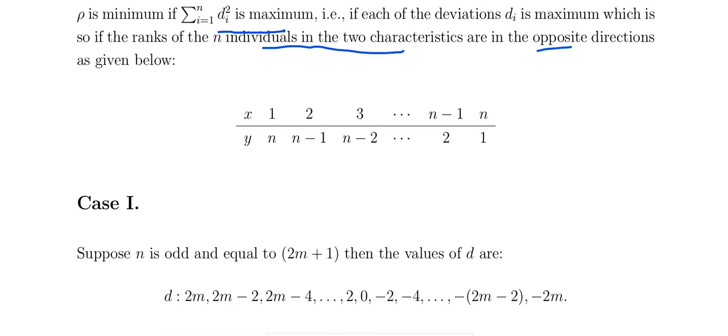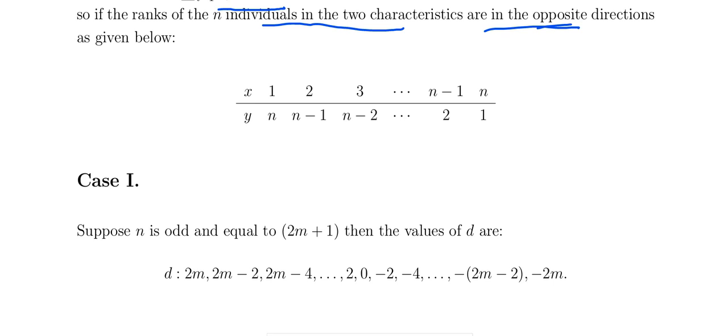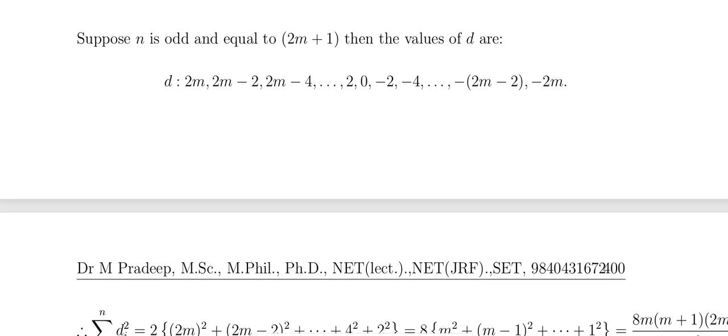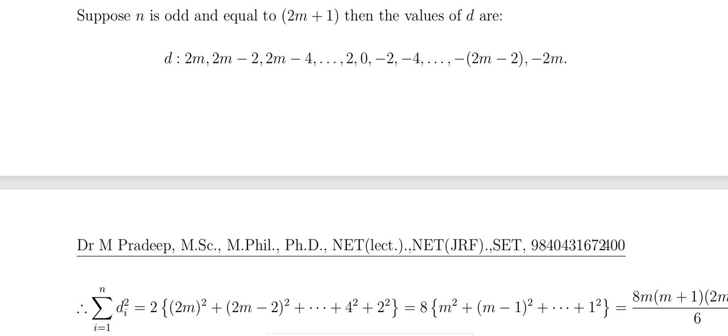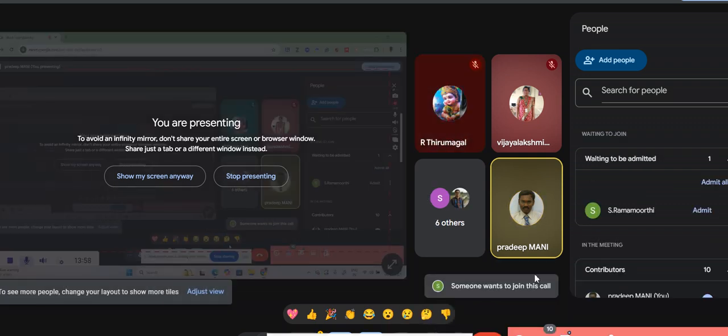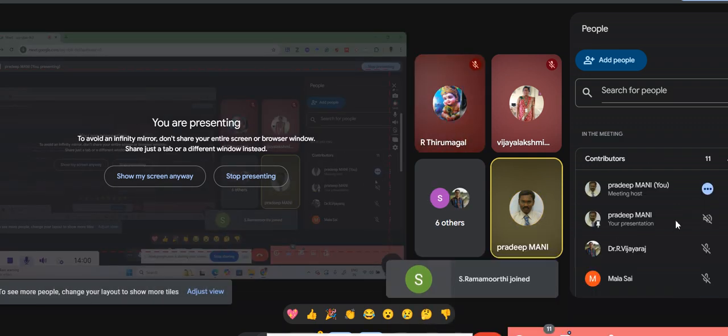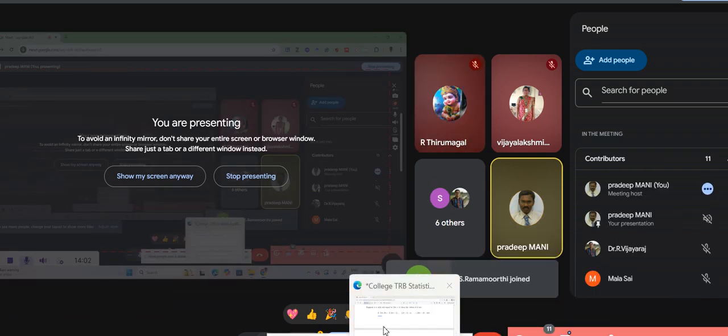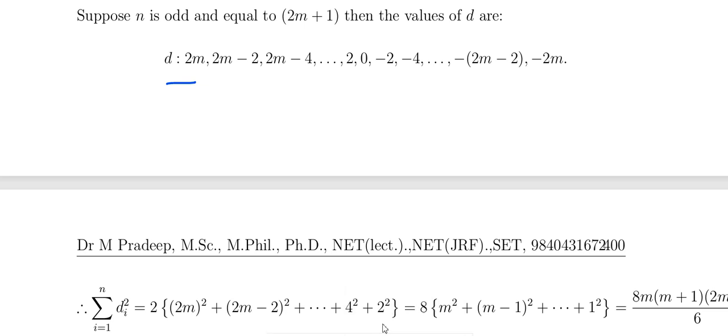Like this, if one is rank 1, the other is rank n, if 2 then n minus 1, if 3 then n minus 2, like that. That is called the characteristics being in the opposite direction. Suppose n is odd, equal to 2m plus 1. The values of d are 2m minus 2, and so on, down to m minus 4, 2, like that.